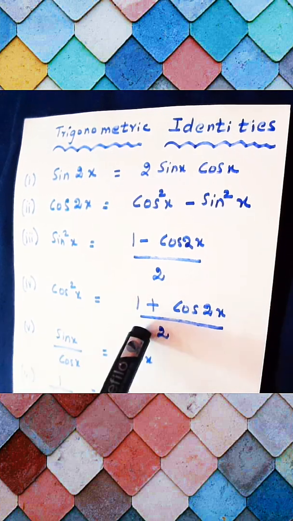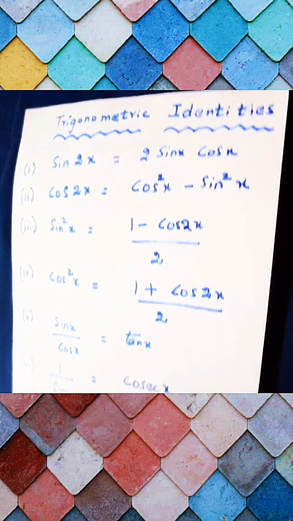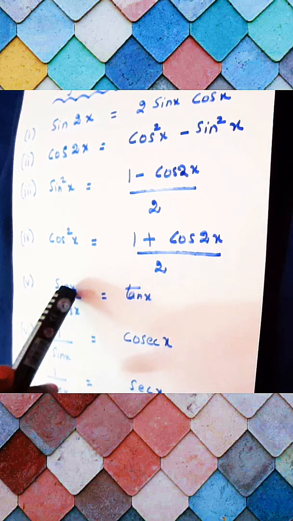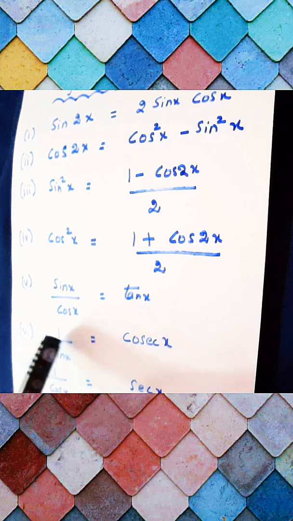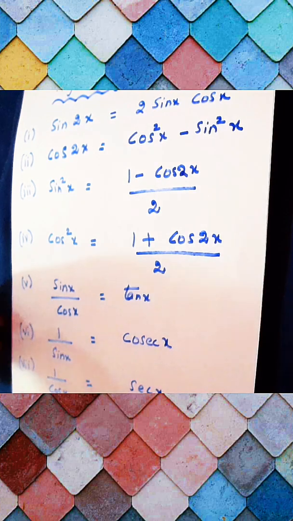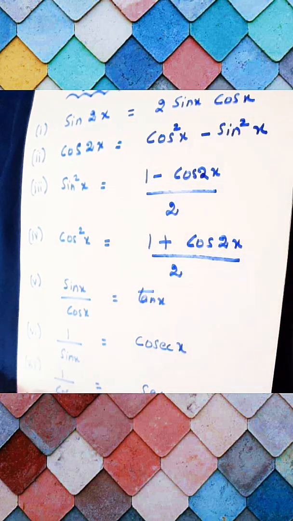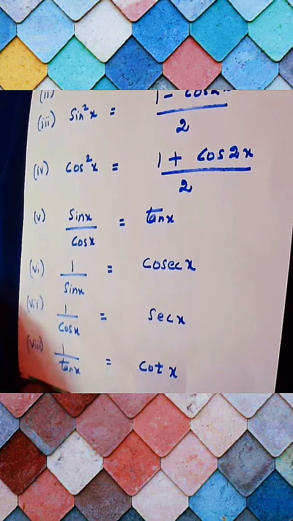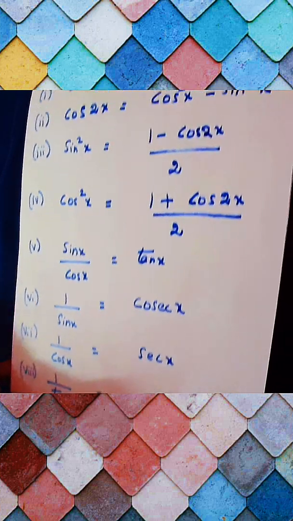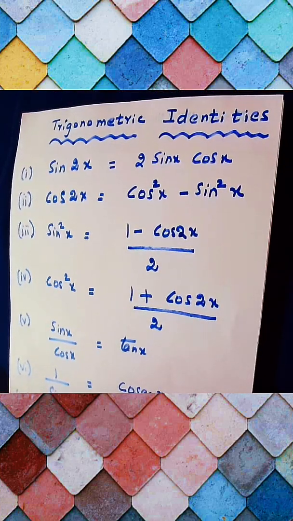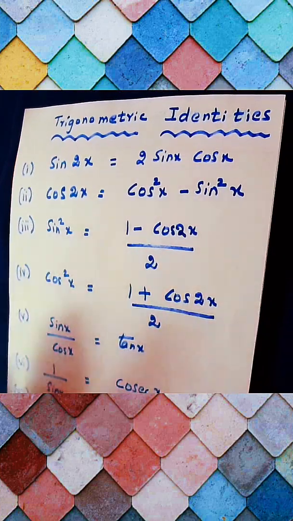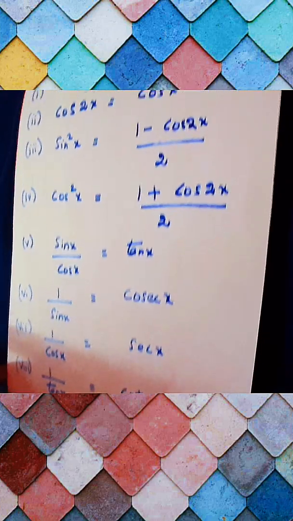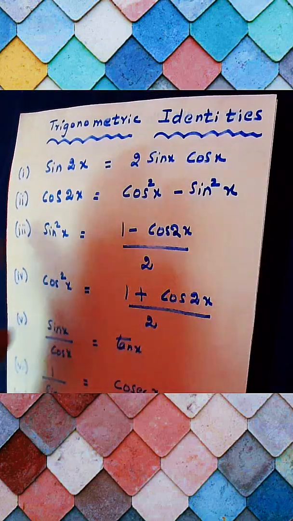Cos square x is (1 plus cos 2x) divided by 2. We all know tan x is sin x by cos x. 1 by sin x is cosecant x. 1 by tan x is cot x. These are the basics you would have studied in class 11 itself. You can have a look and copy it in your maths class work.